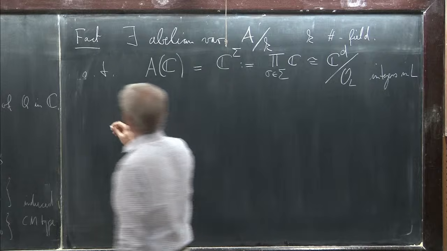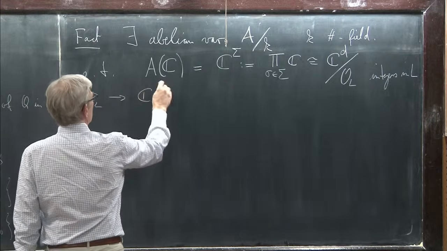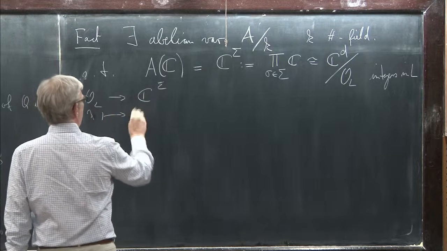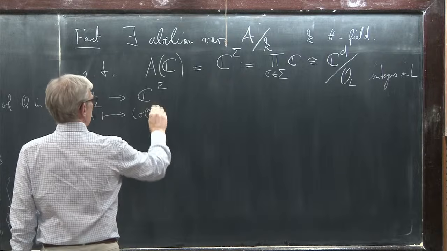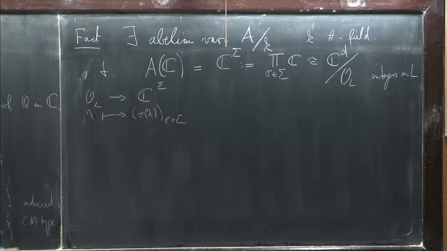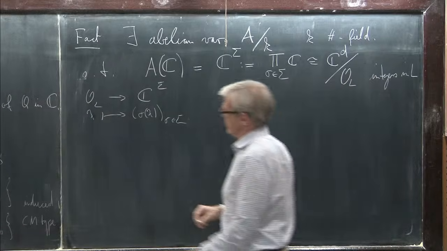So the map here simply sends a lambda to the array of sigma of lambda, for sigma in sigma. And this is an abelian variety with complex multiplication by this ring of integers.